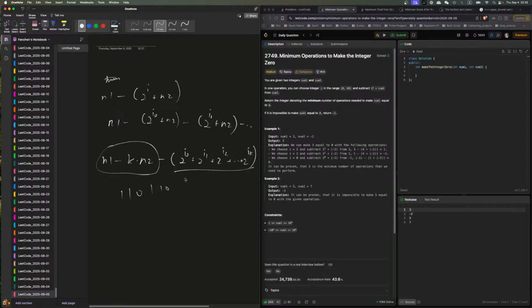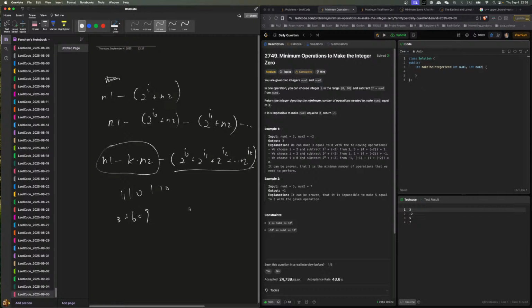So essentially we want to know what is the minimum number to, actually that's not right. So we need a k equal to this number. But in this case, k is 3. So 3 plus 6 actually equals 9.